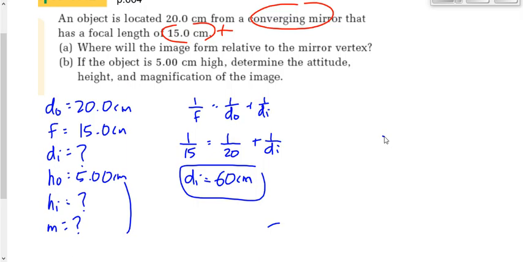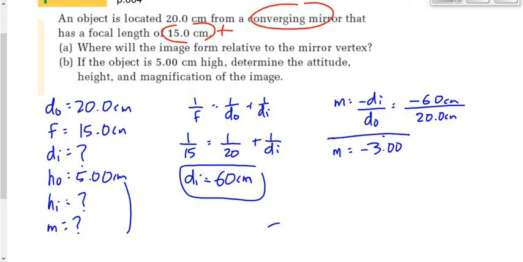Now we want to find either m or hi or something. Let's get m now. M is equal to hi over ho, but it's also negative di over do. Negative di, negative 60 divided by do, which is 20. So we're going to say m is equal to negative 3.00. No units.